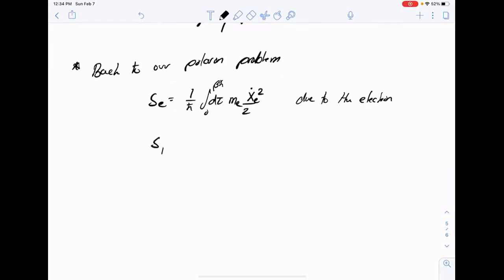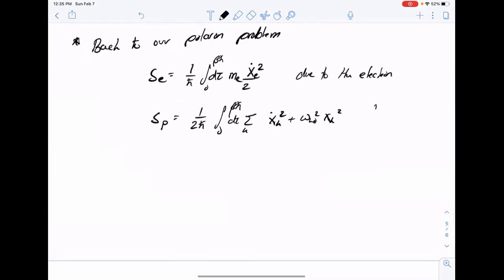We'll have a piece due to the phonons. Each of them are independent and distinguishable. And then a coupling.